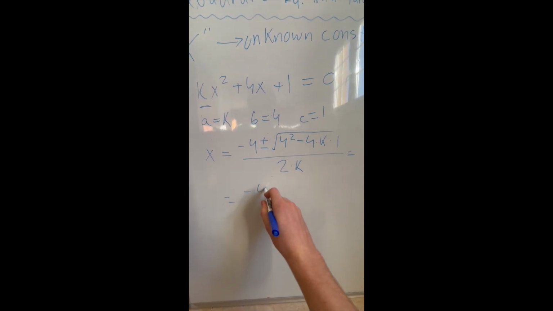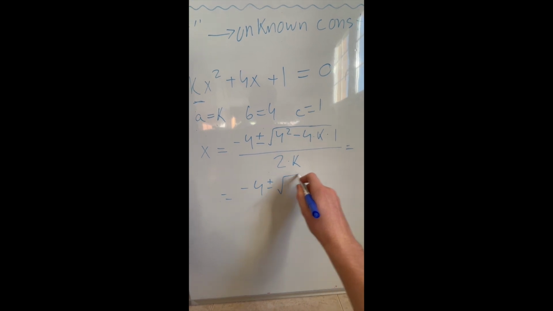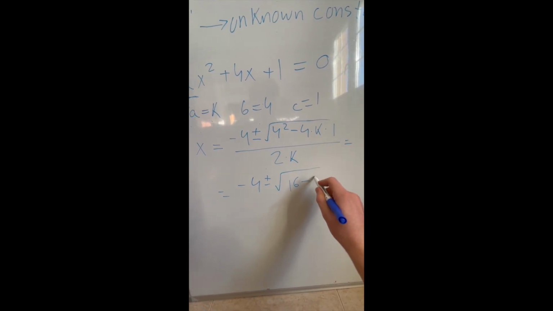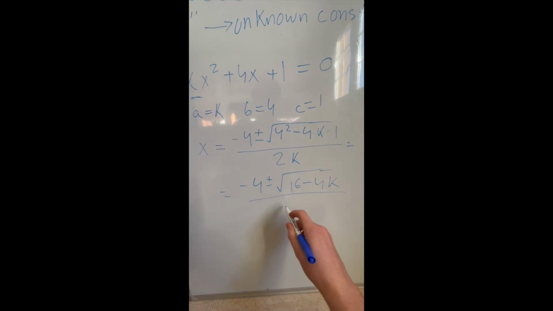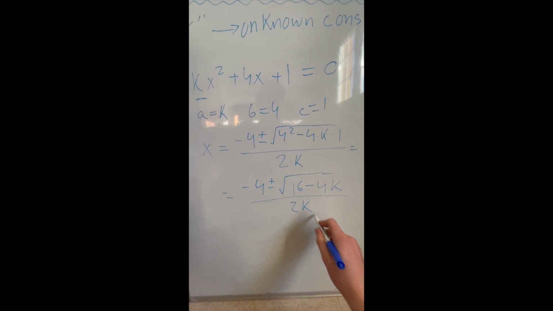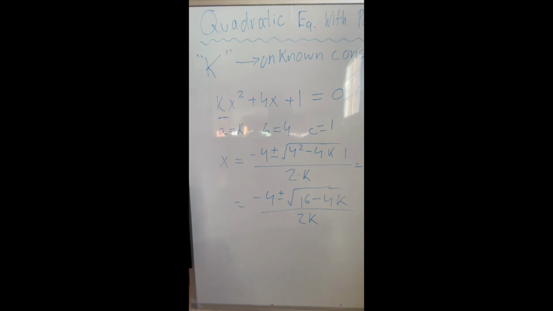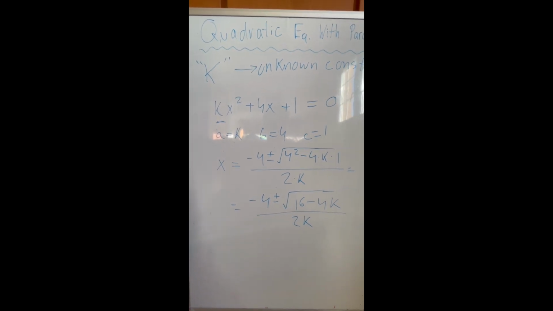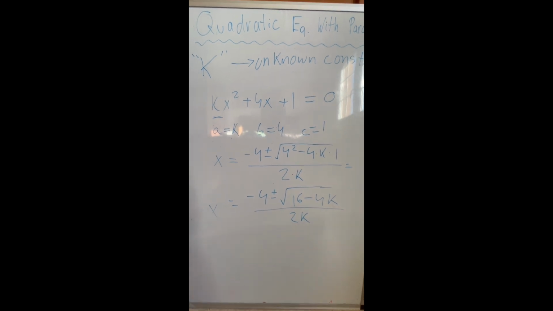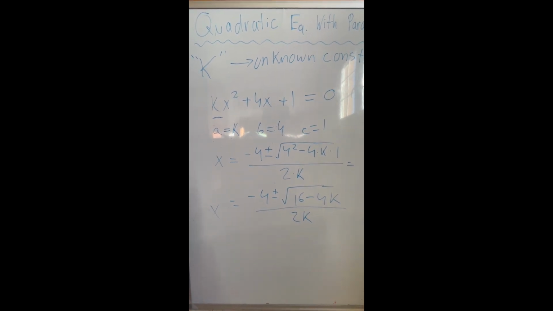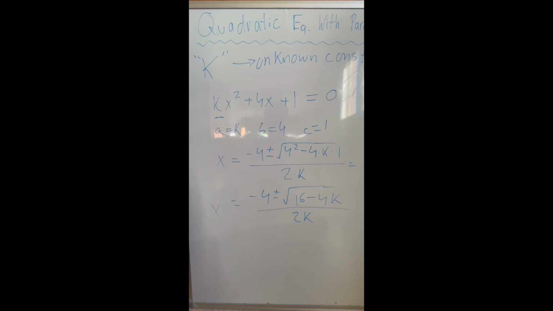So there we have minus 4 plus or minus the square root of 16 minus 4k, and all this divided by 2k. This is our result for x: x is equal to minus 4 plus or minus the square root of 16 minus 4k, all divided by 2k.